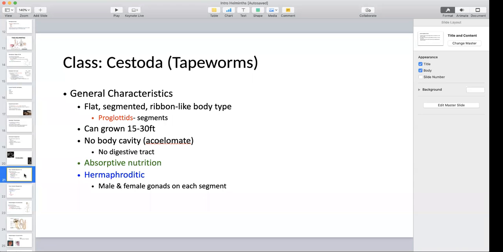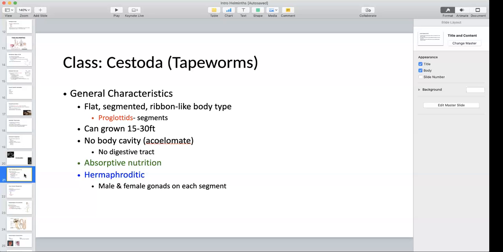They can grow anywhere from 15 to 30 feet long. They don't have an internal body cavity, so we call them acoelomates. There's no digestive tract. So these tapeworms get the nutrients that they need by way of absorptive nutrition. So they're absorbing nutrients from their host.